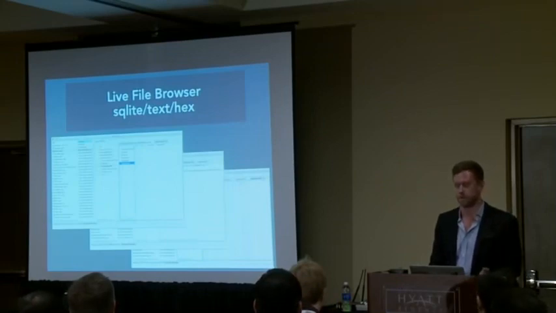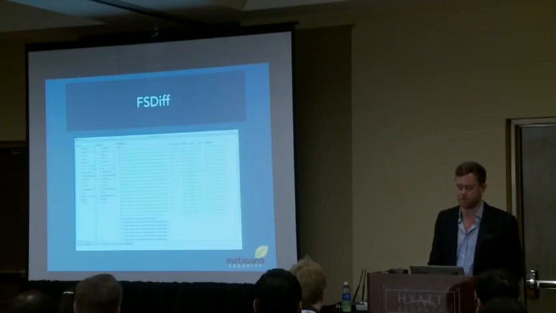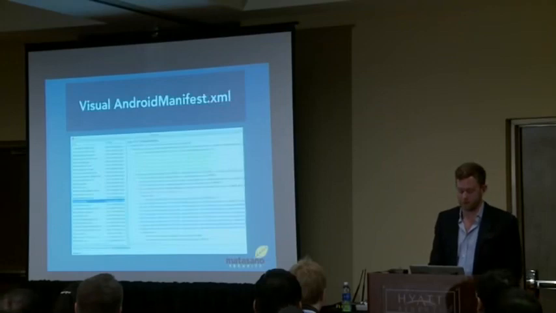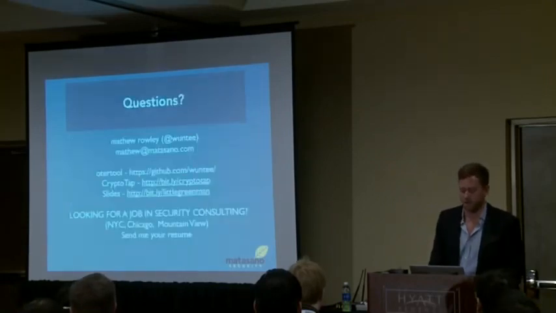Well, it does pull stuff down, but it's behind the scenes. There's a file system differ that allows you to scan the file system at 2 different points in time and see what files have changed on the device. There's also an ability to visualize the Android manifest file, and it highlights key places you can look from a security perspective. And that's it.